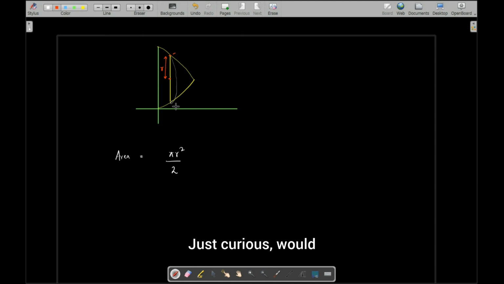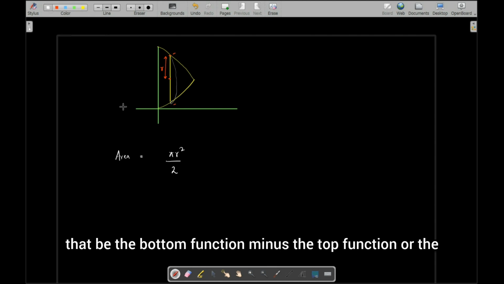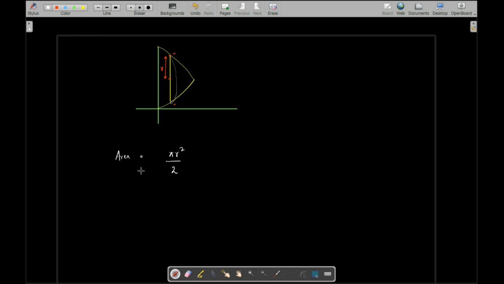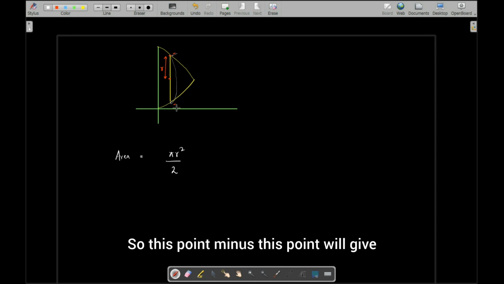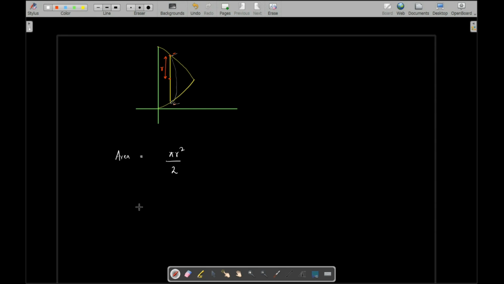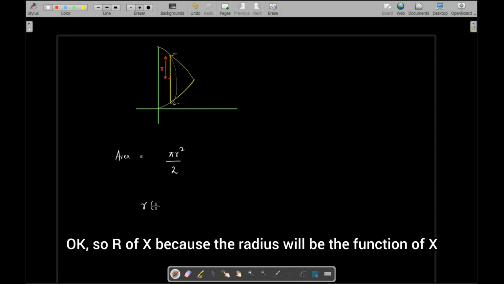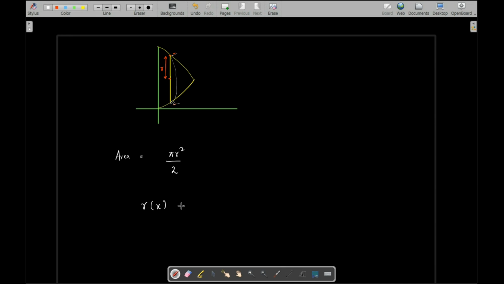Just curious, would that be the bottom function minus the top function, or the top function minus the bottom function? That will be the diameter. This point minus this point will give us this entire length. So that will be the diameter. So r of x, because the radius will be a function of x, will be f of x minus g of x, divided by 2.